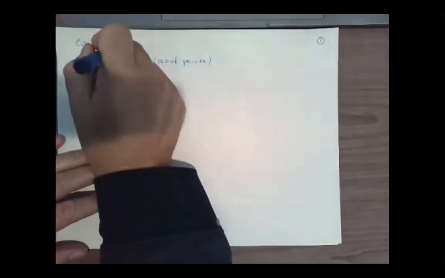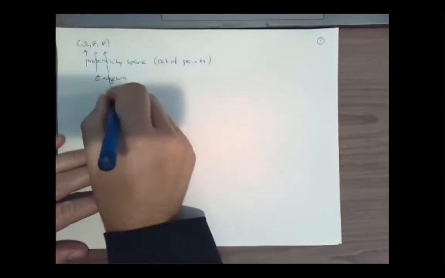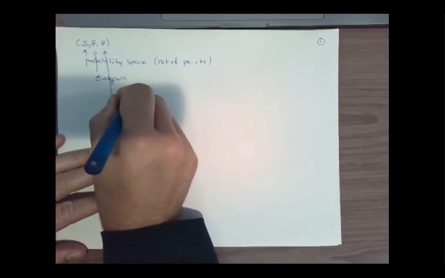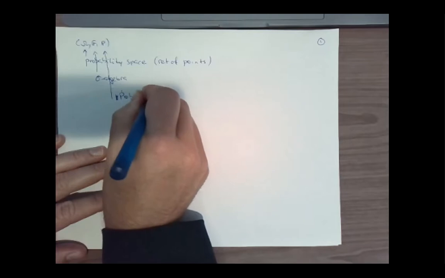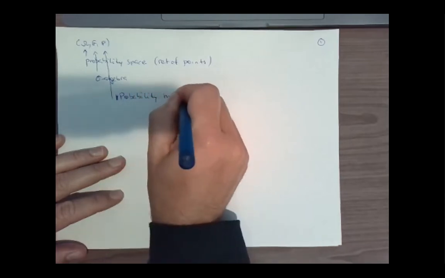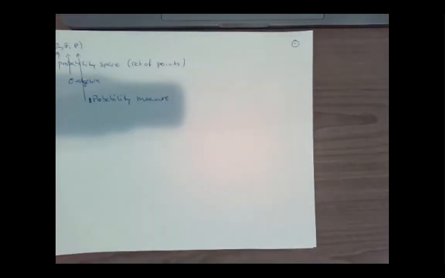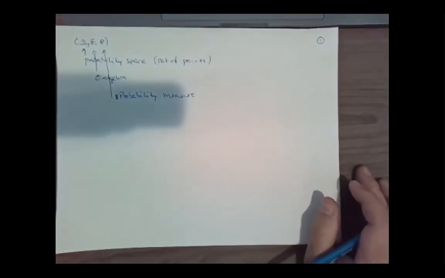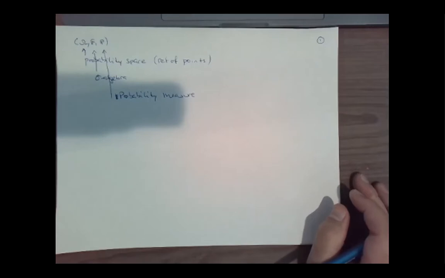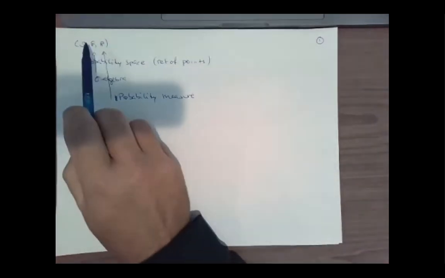And we have our P, this is our probability measure. So these are the ingredients.